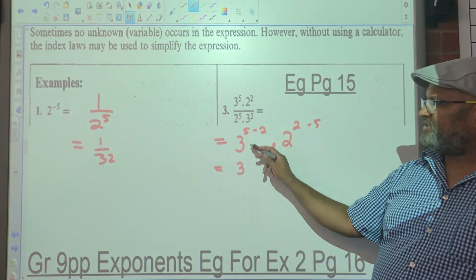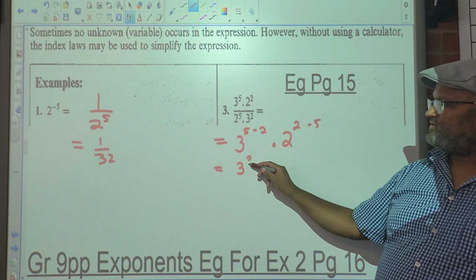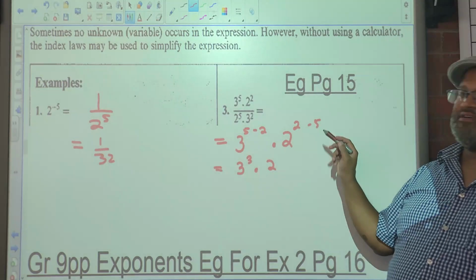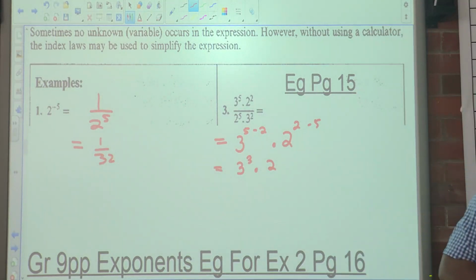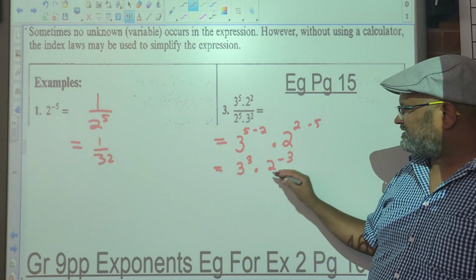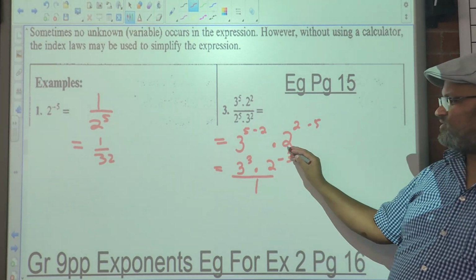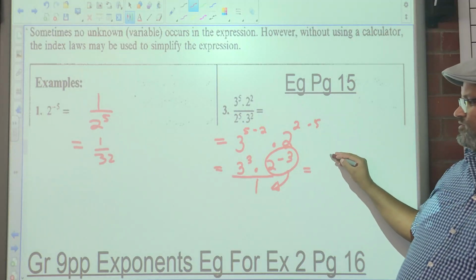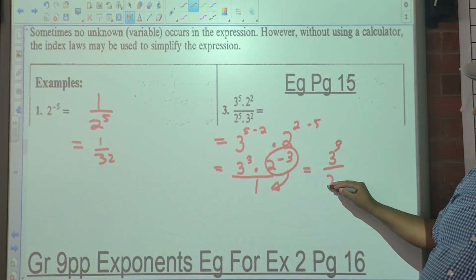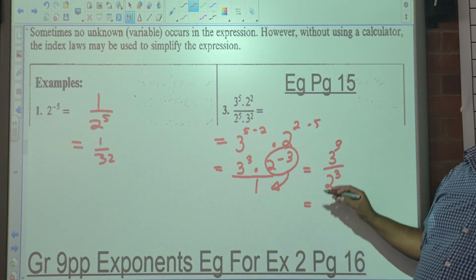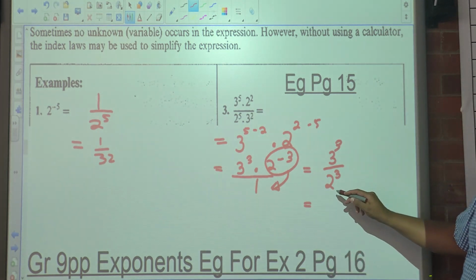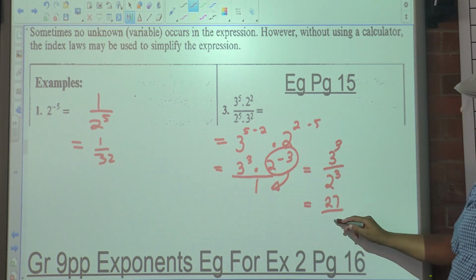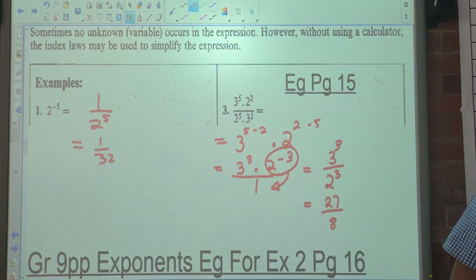So this will simply be 3 to the exponent 3 times 2 to the exponent, what's 2 minus 5? Negative 3. So naturally that's over 1. So where must that go? The bottom. So it will be 3 cubed over 2 cubed. What is 3 cubed? 27. Over? Okay, you guys understand?